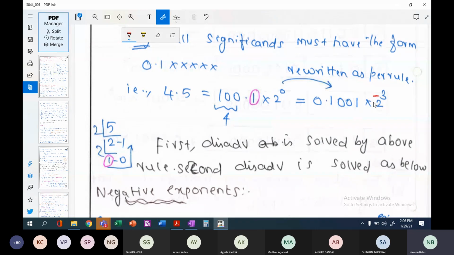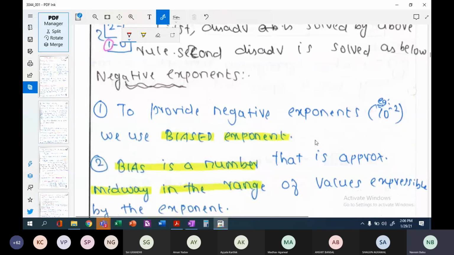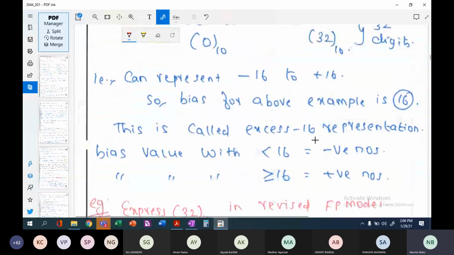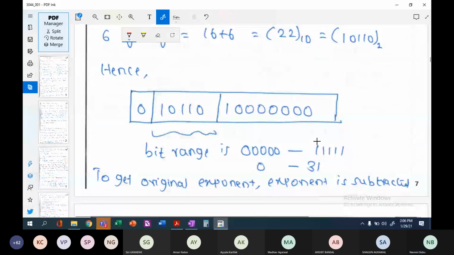These negative numbers have to be converted into positive numbers. So what is the maximum extreme negative number? It all depends on the bit size. For example, if you consider, how many bits are here? If we consider 1, 2, 3, 4, 5, 6, 7, 8 bits. If the exponent part, oh, this is the mantissa part, right? So exponent part, 1, 2, 3, 4, 5 bits.